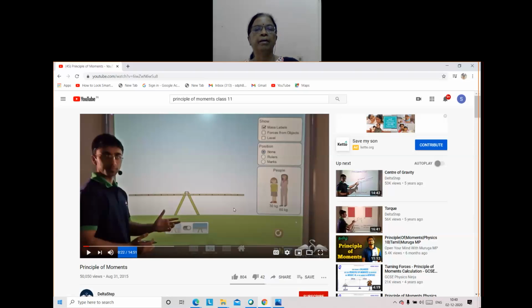Near the center. Tell the exact point. To balance the same torque, 1 meter distance. Very good. The 60 kilogram lady should be kept at 1 meter distance.